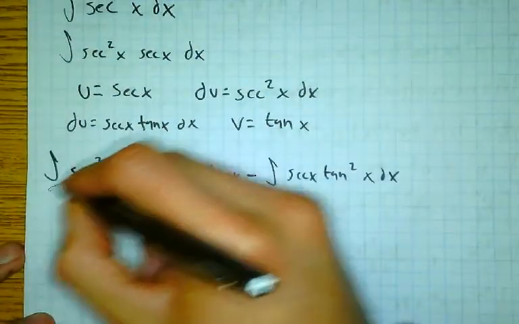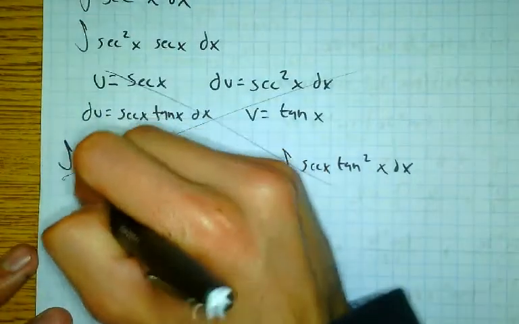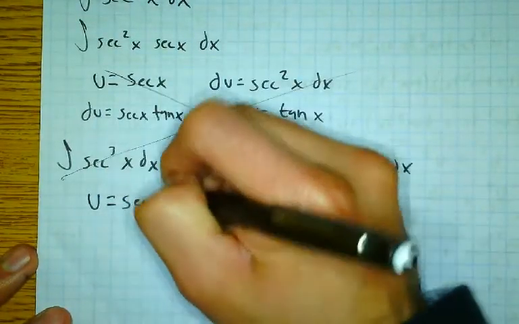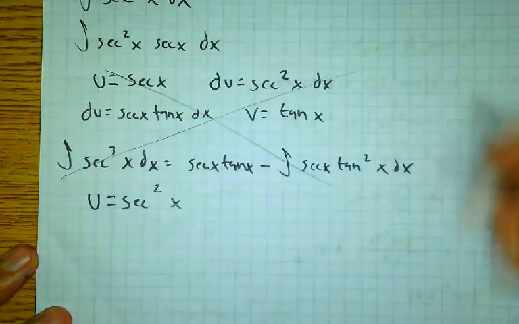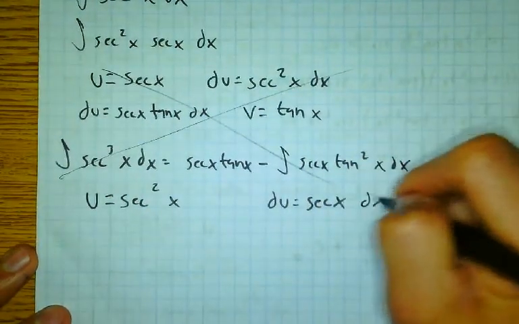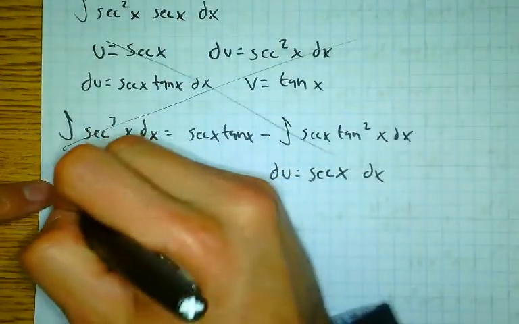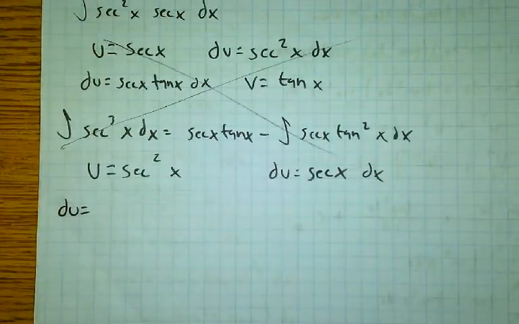Well, okay, let's see. Let's say we try the different u. So let's say we do u being secant squared x, which means that dv would be secant x dx, right? So then, what would the derivative of u be? Well, this is a chain rule, right?